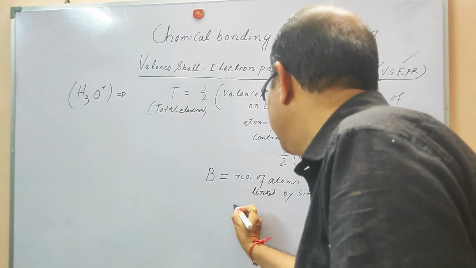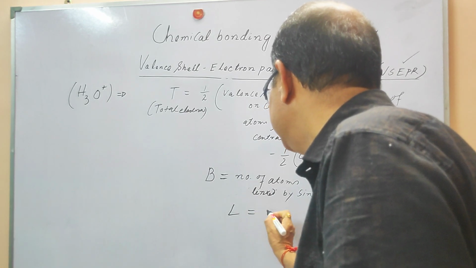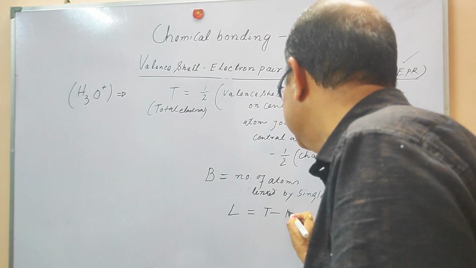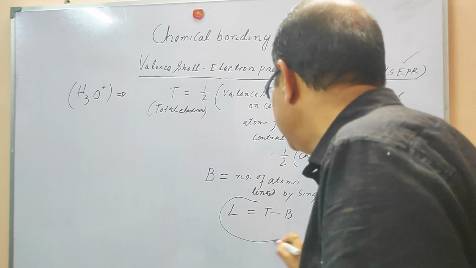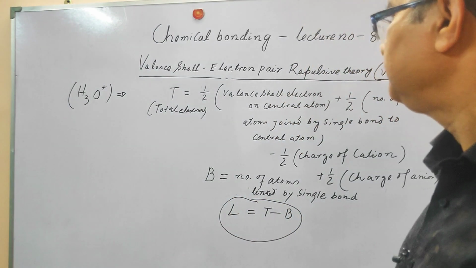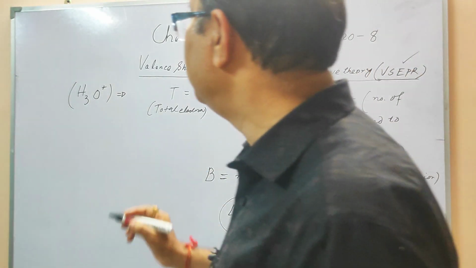So from this we can understand the lone pair L is equal to T minus B. This is the formula, and here you can apply it.